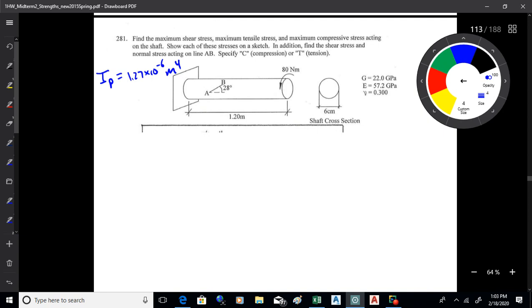Generally speaking, on these torsion problems, you always want to do that. All right, and then you want to find tau max, okay? And that's going to be 1.89 megapascals.